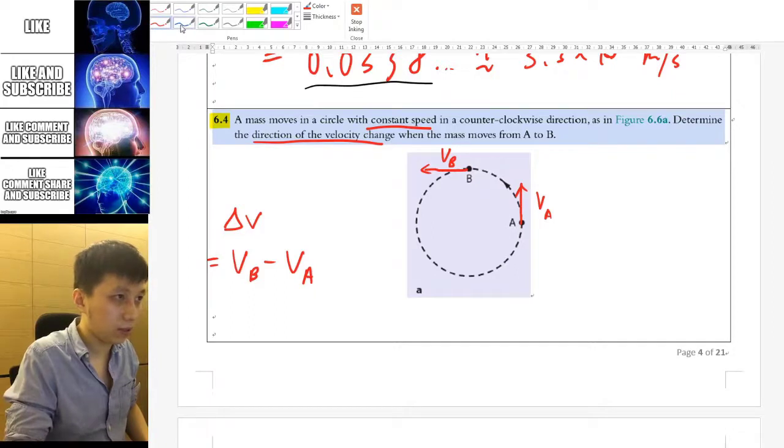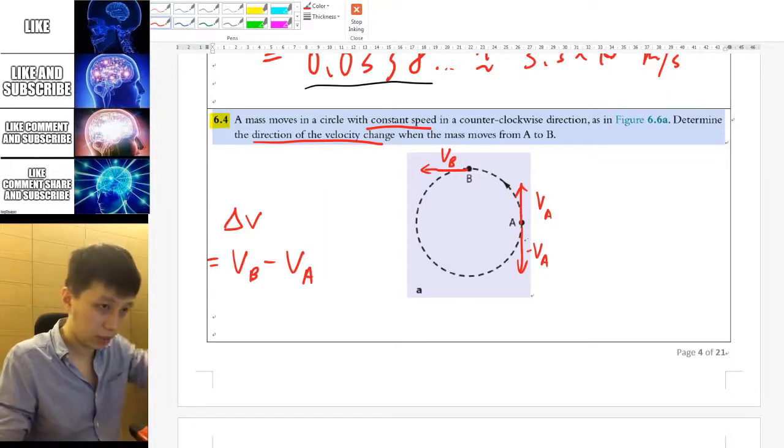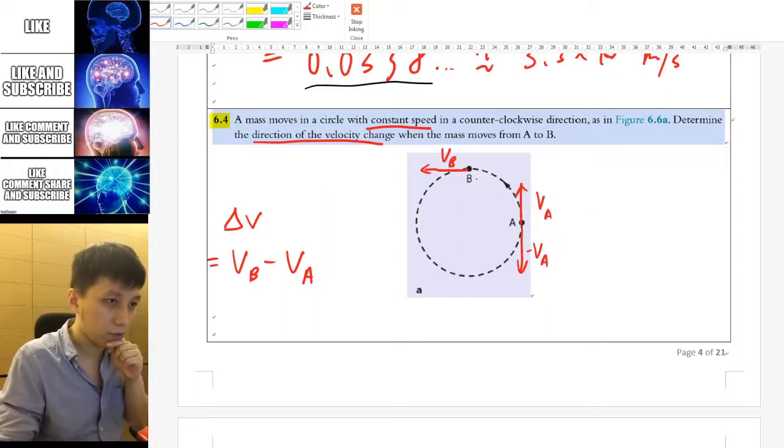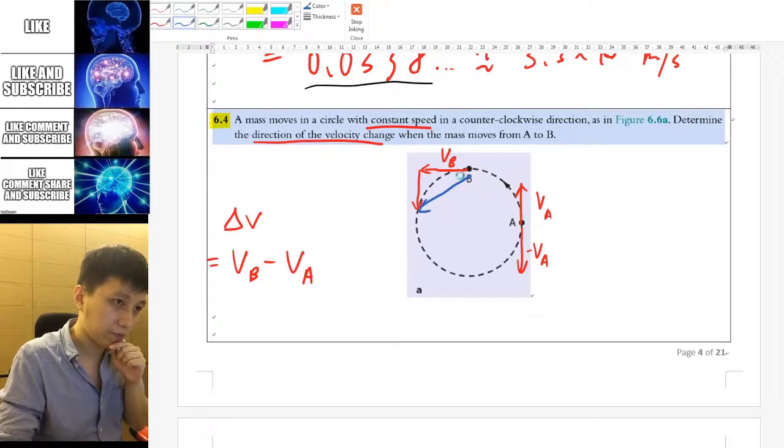So in this case, we should have the negative VA going down, and so if you try to put them together, then I suppose they would be going in such a direction.